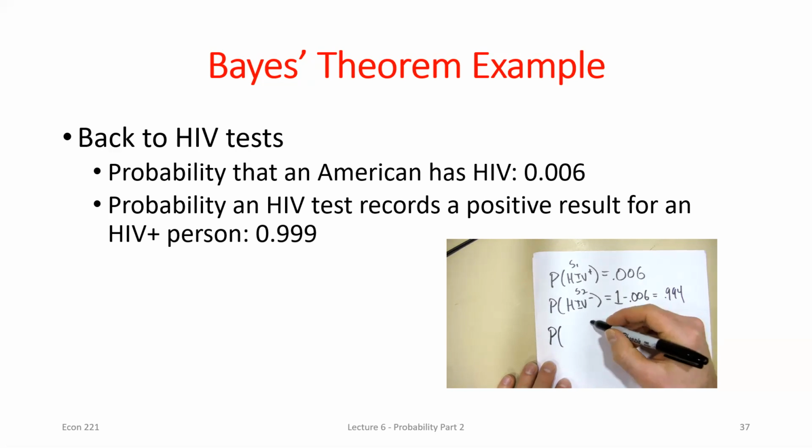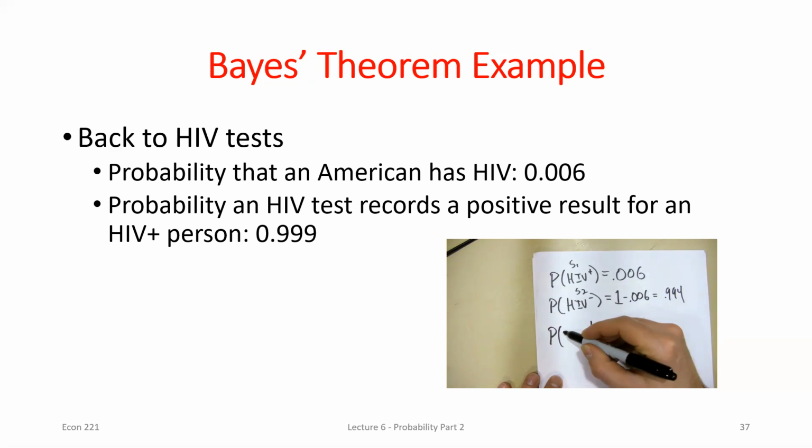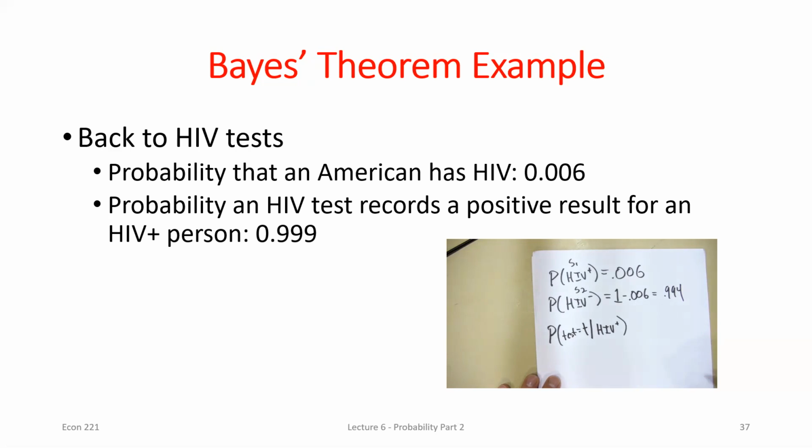HIV positive person. What we're really saying there is, given that the person is HIV positive, the probability that the test shows a positive result, sorry, this is supposed to be a positive sign, that's pretty bad, right, was 0.999, or 99.9% of the time.